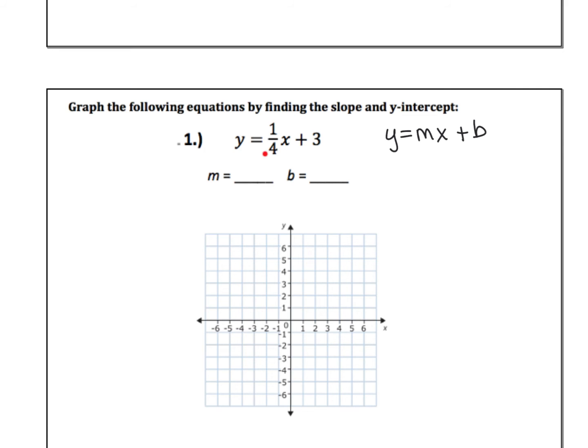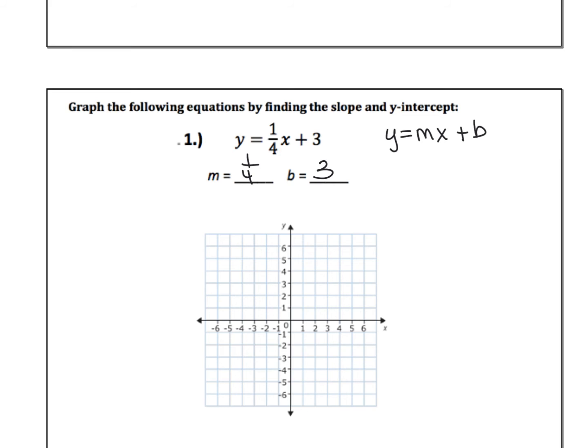So what number is in front of x? Well, this time it's a fraction. The rise is 1, the run is 4, so our slope is 1/4. And then it wants to know what is the b? What is the y-intercept? And in this case, it's 3. It's a +3 because it says +3.